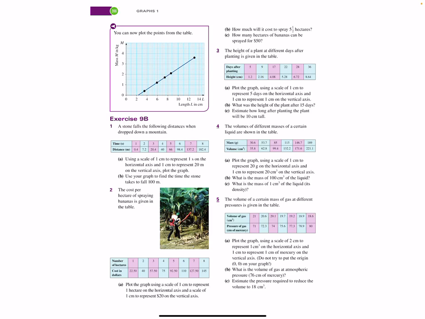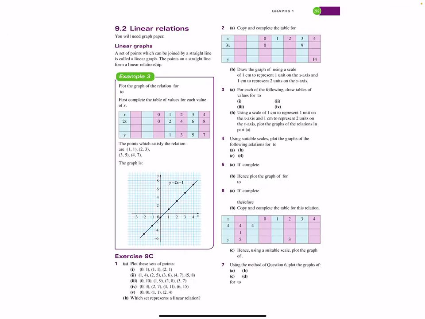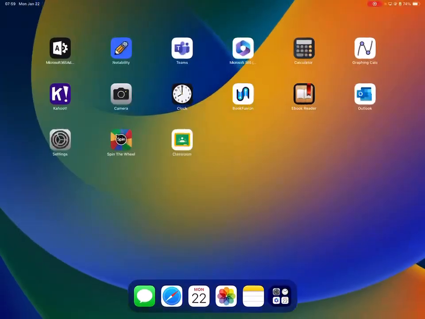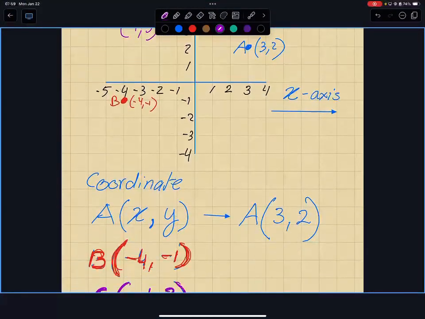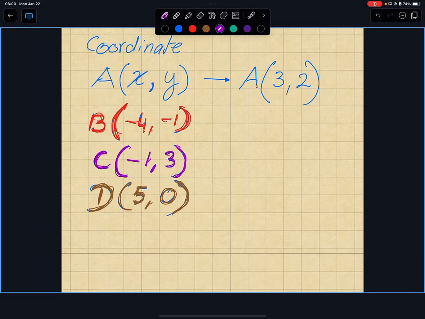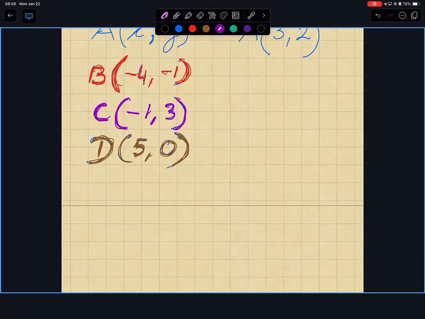Yeah, we can make it. Coordinates. Extremely easy.